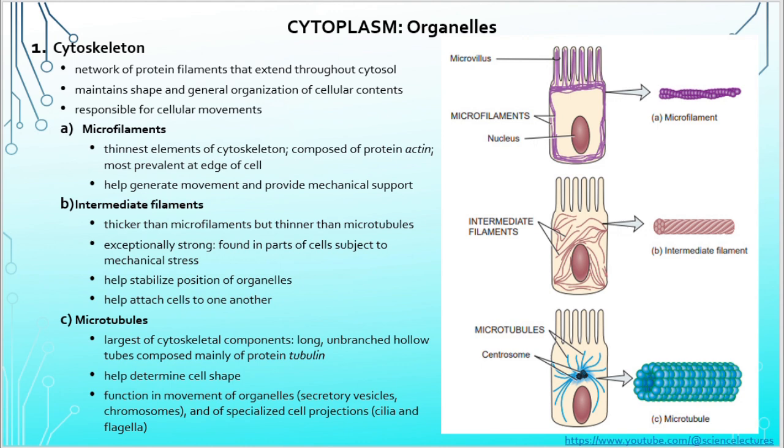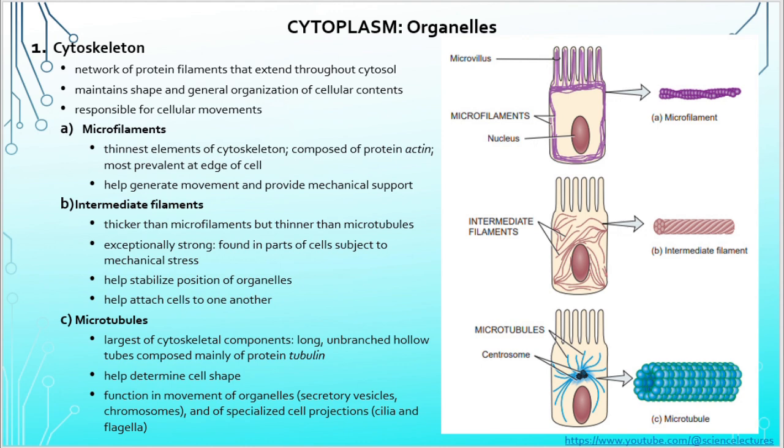It aids movement of organelles within the cell, of chromosomes during cell division, and of whole cells, such as phagocytes. Three types of filamentous proteins contribute to the cytoskeleton structure, as well as the structure of other organelles. In order of increasing diameter, these structures are the microfilaments, intermediate filaments, and microtubules.